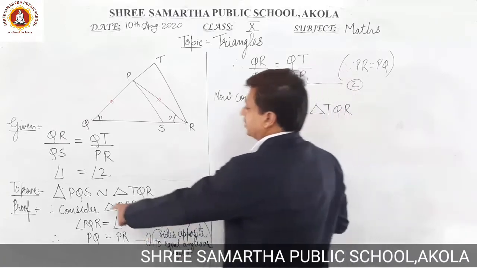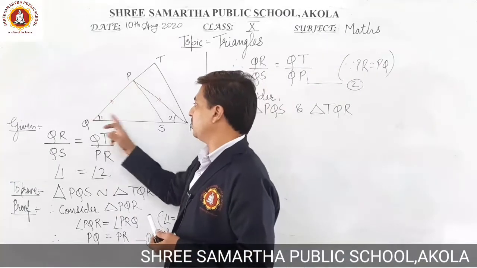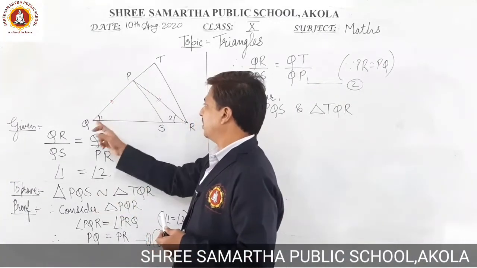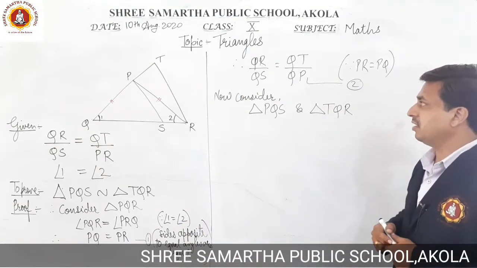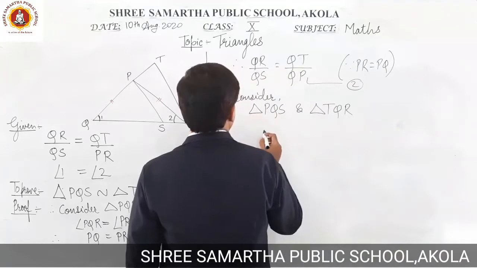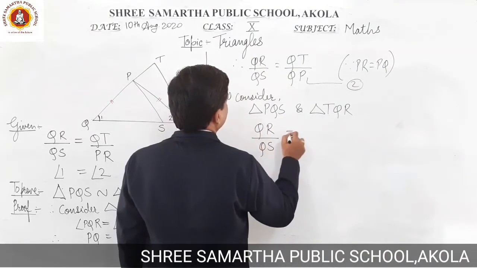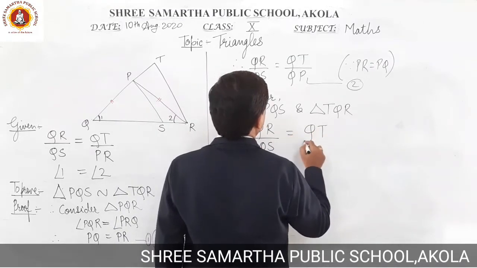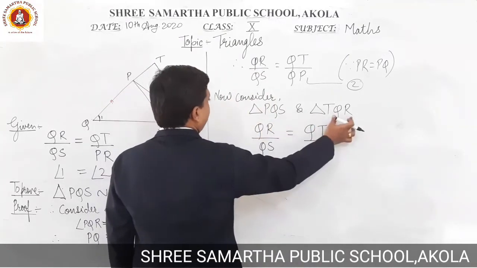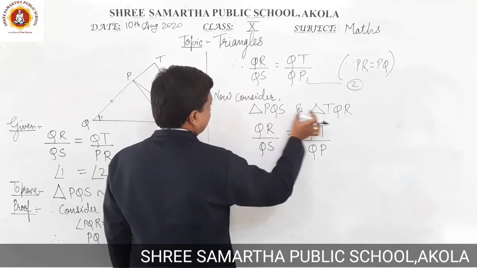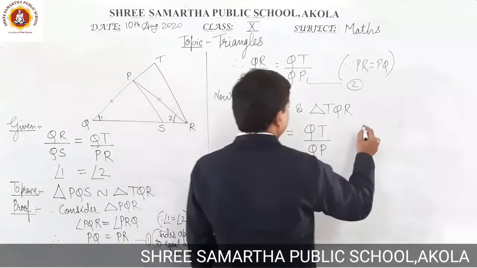We have to show that these two triangles are similar. First see, we have got the ratio of their sides, that QR by QS is equal to QT by QP, from 2.